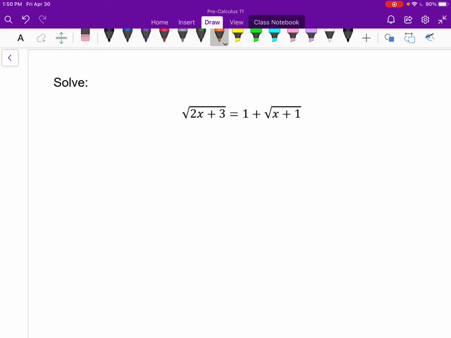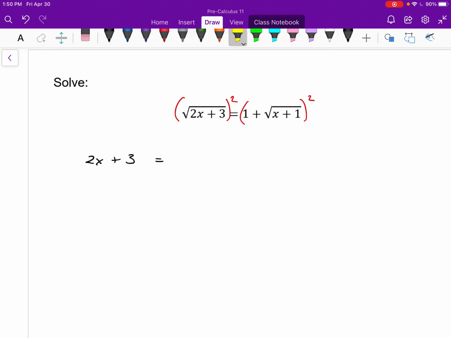And so here, this is about as messy as it gets in terms of solving radical equations for this course. Right now, I could subtract 1 from both sides, but it doesn't really do me any good. So I'm just going to square both sides. The left side is fairly nice. It's just 2x plus 3.